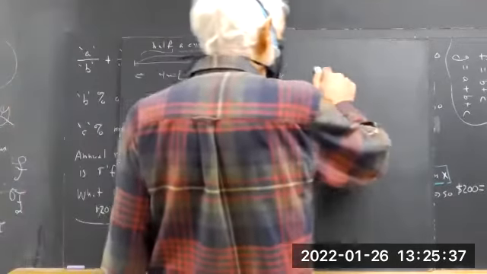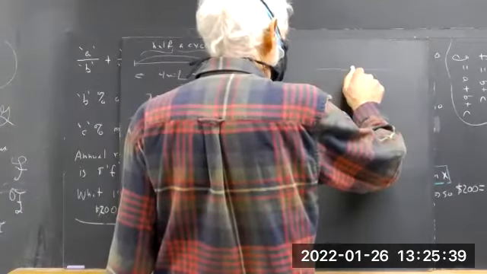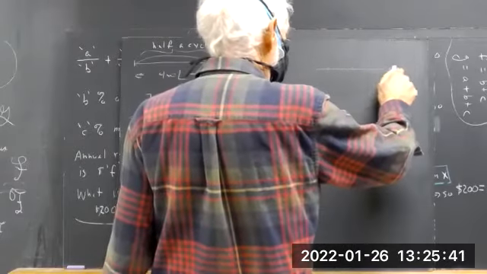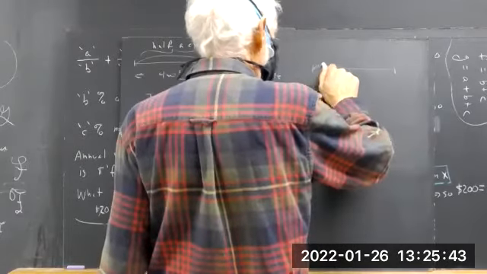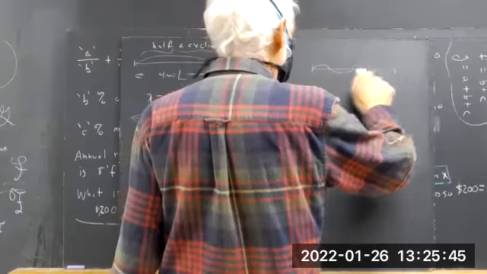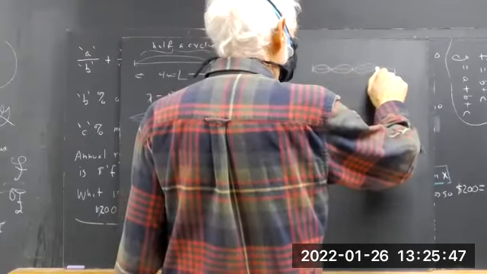And then you could get your next harmonic. Envelope is going to look like this.